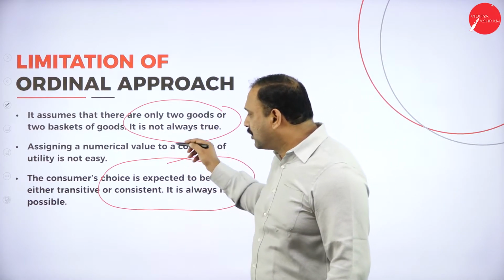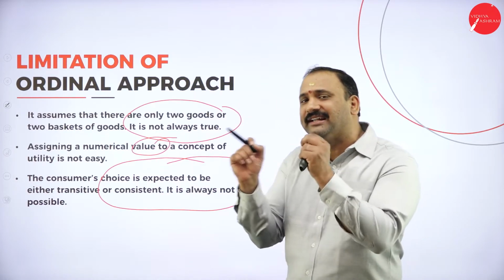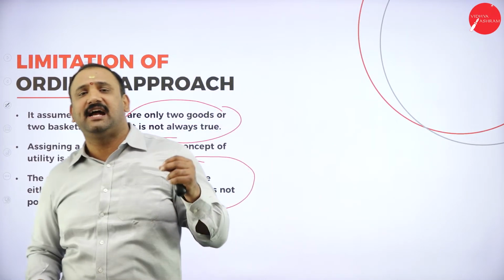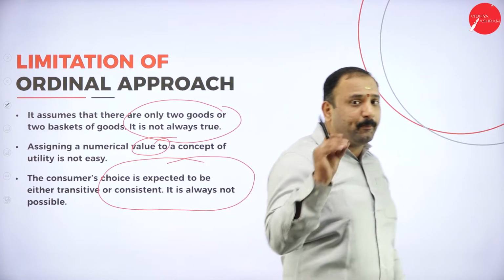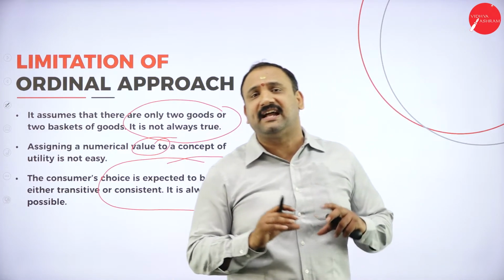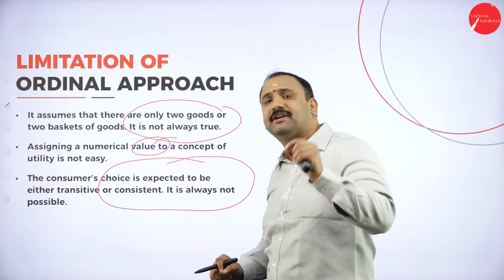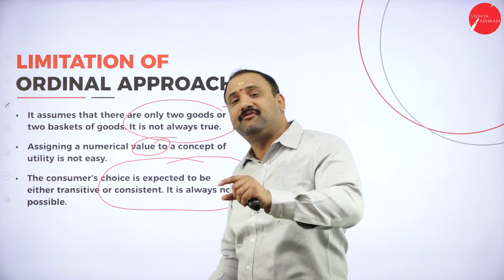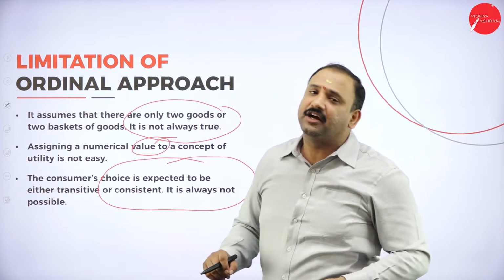That's why, because it is not a numerical value, utility is also not that easy to measure. So what has happened in economics is that though we have tried to come up with two different approaches, both approaches do not satisfy the measurement in an exact manner. You cannot measure utility with just these two concepts, because there are several factors that act on the human mind in order to make a choice.